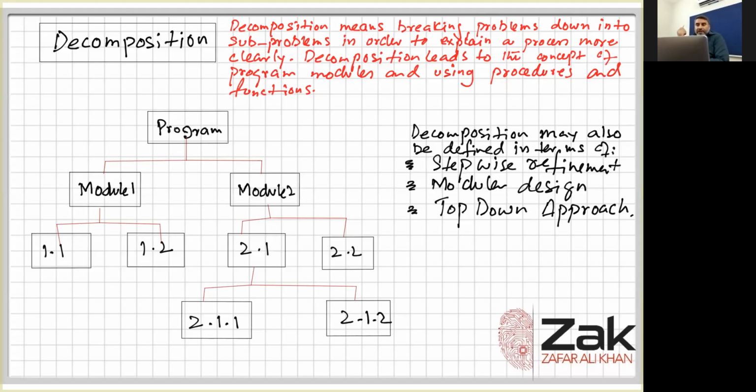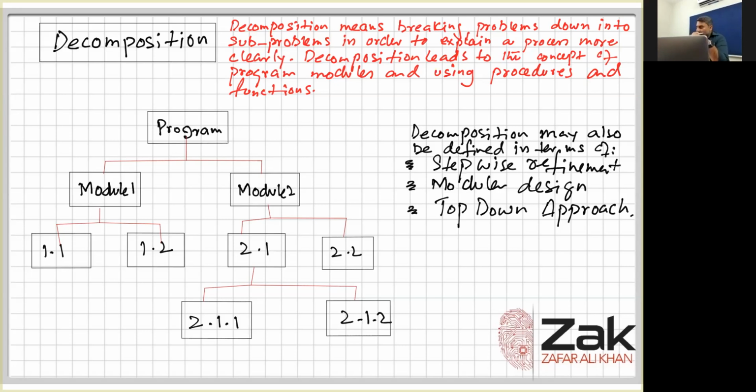Decomposition leads to the concept of program modules and using subroutines in terms of functions and procedures. What does that mean? It means that if you have a bigger problem to deal with, rather than deal with it as a single person, you better break it down into a number of subproblems and then in turn look into every subproblem so that it can further be broken down.